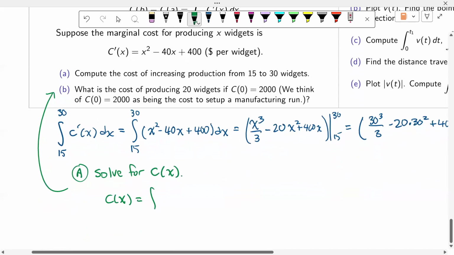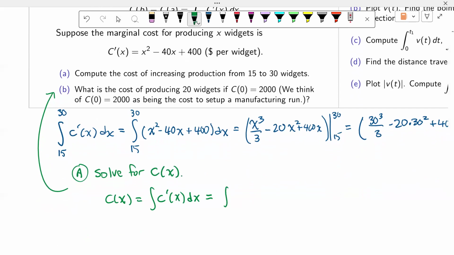The key though is to recognize that we are not using definite integrals at this point. We are using indefinite integrals. They are very closely connected. Really the only difference between the indefinite integral and the definite integral is that with the indefinite integral, I now have a constant present.